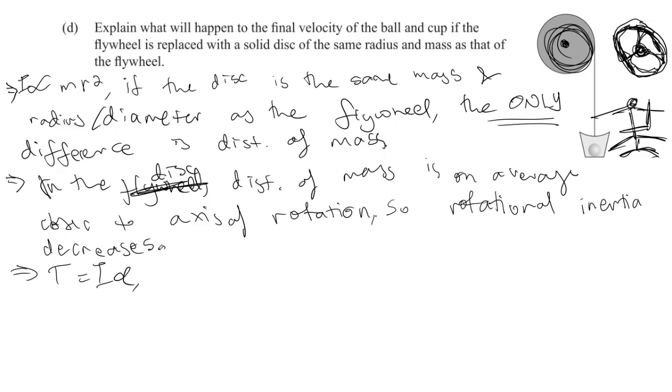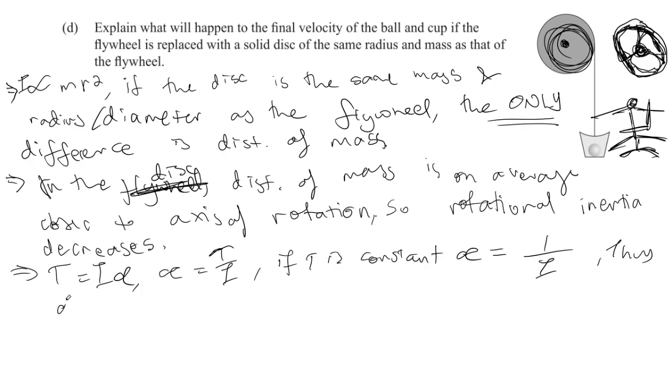Because we want to rearrange it to this, pretty much: alpha equals torque over I. And from this equation, if torque is constant, alpha is inversely proportional to I, thus decreasing rotational inertia increases rotational acceleration.